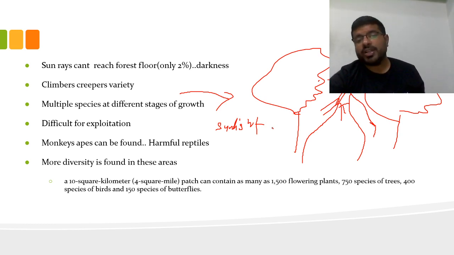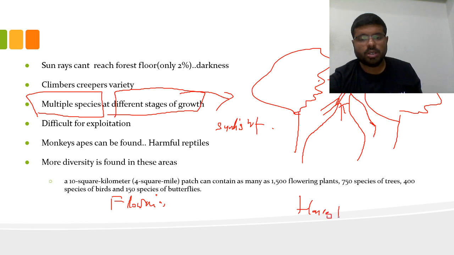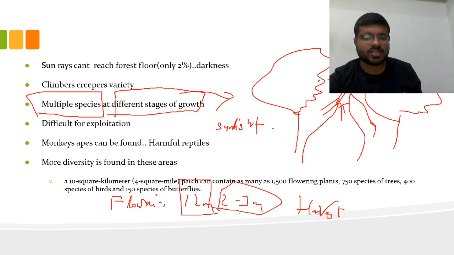And what you find here usually is multiple species at different stages of growth, not at a similar stage. For example, there is a flowering stage and there is a harvesting stage. It is not like over a period of 12 months, 2 to 3 months is flowering stage, budding stage, and then slowly this season will be for harvesting.